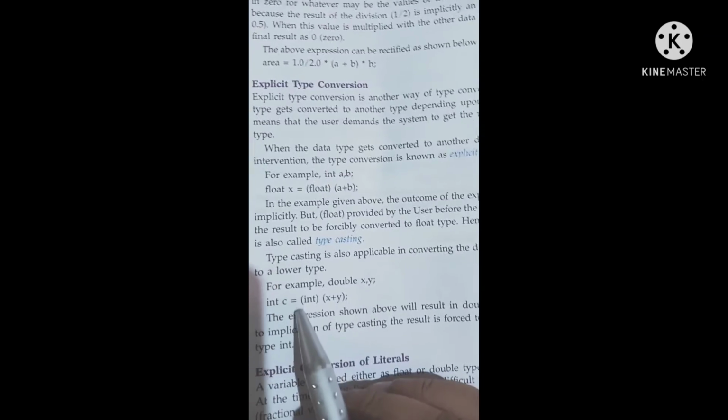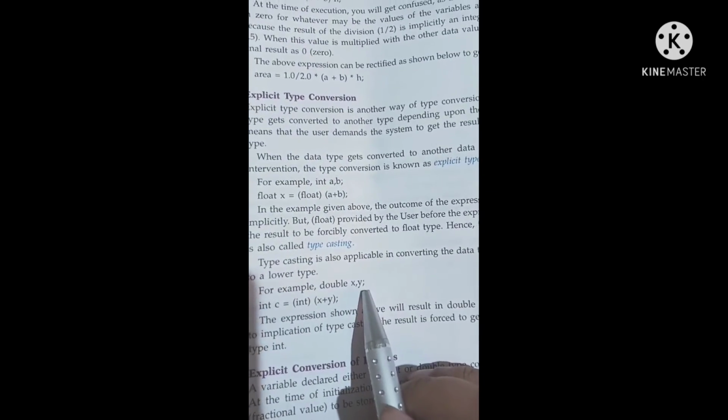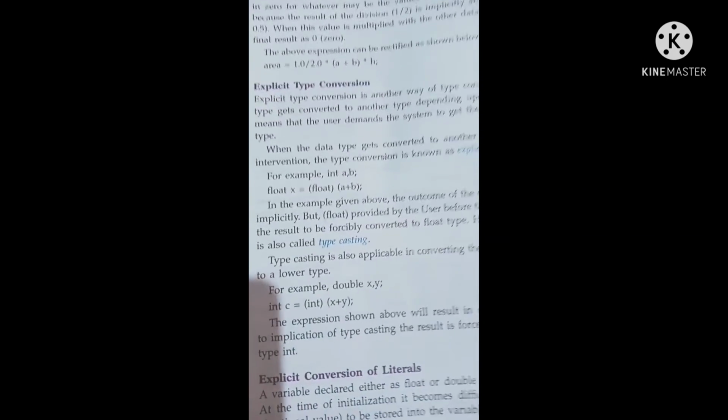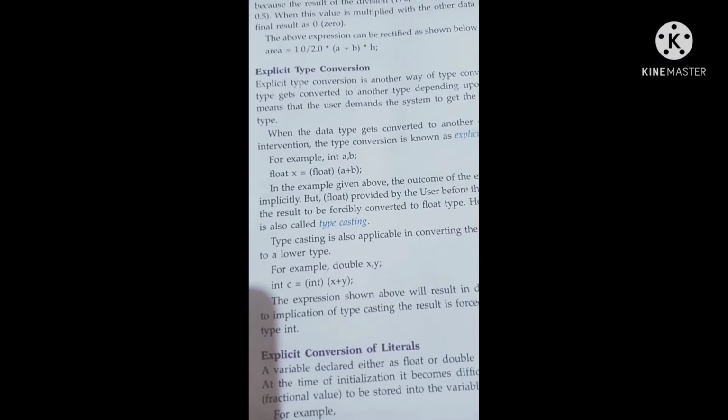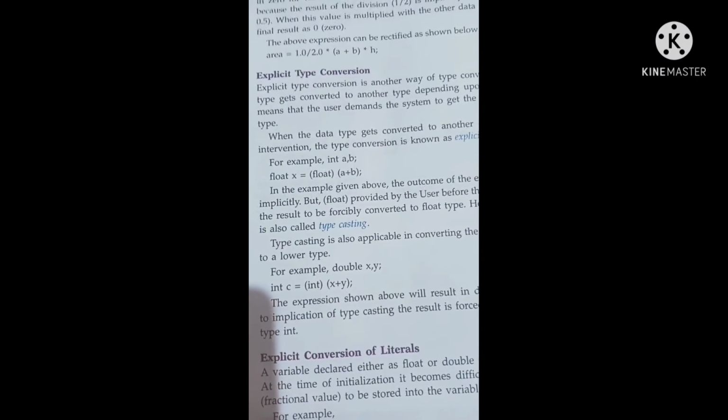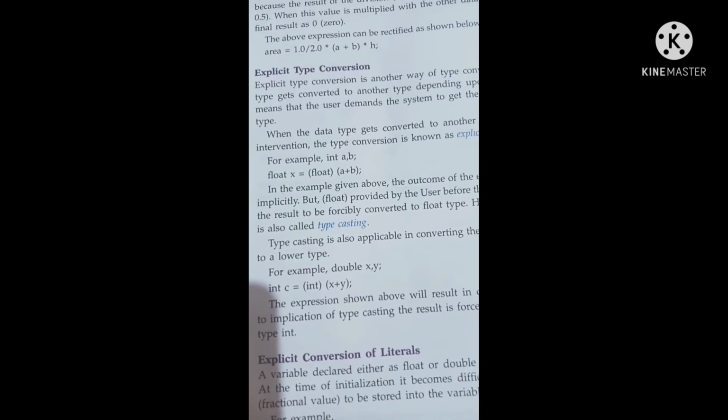Okay, here double x, y. Double is the highest data type, but x and y, int c I have taken, and x plus y I also want to calculate in integer, while it is declared in double.